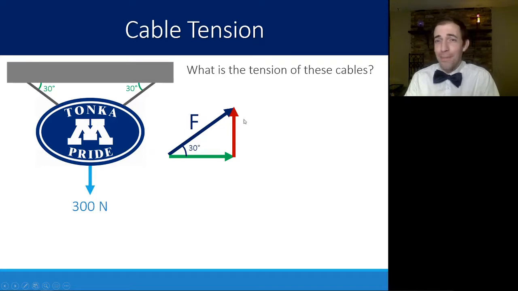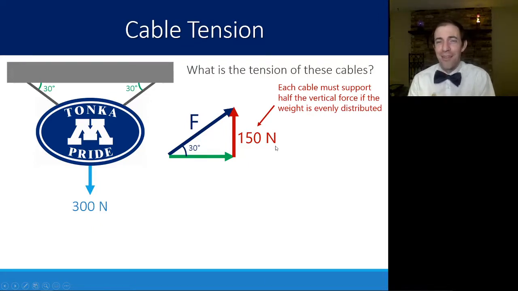Now, why this is important is, as I mentioned, this 300 newtons is straight down, which means the only part that's counteracting that is this red vertical vector here. And we said that each one is going to take half the load. So let's call this 150 newtons, because that is half of the weight, evenly distributed. So now I have enough information to find F, the tension of the cable, because I know that the opposite side is 150 and that the angle is 30.